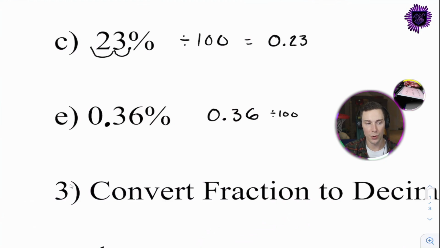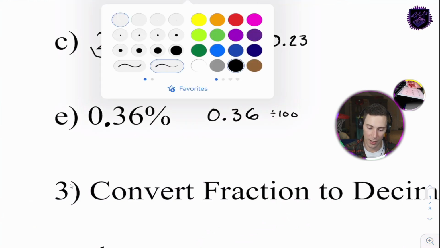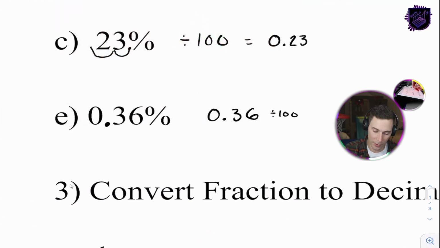Now remember, whenever you divide by 100, we need to make sure that we move our decimal 2 spaces over. In order to get ready for this, I'm going to write another 0 in here because we're going to move over 1 space and a second space. That's where our new decimal is going to be.